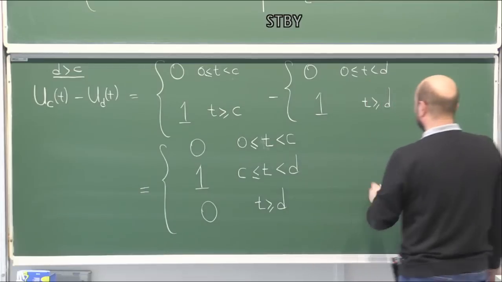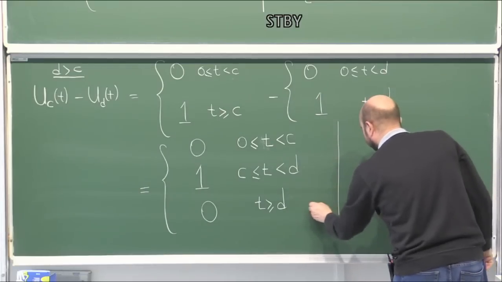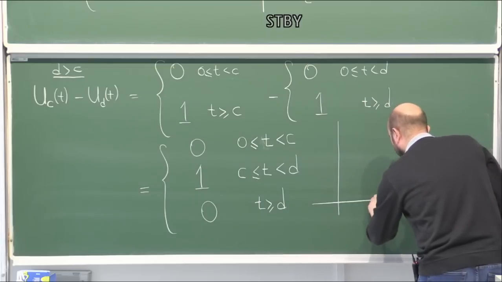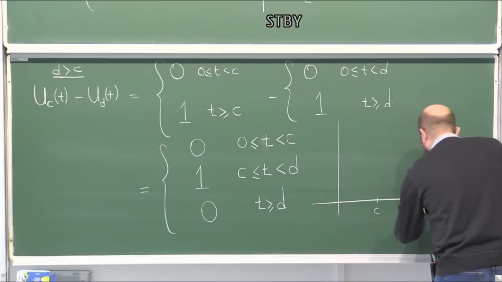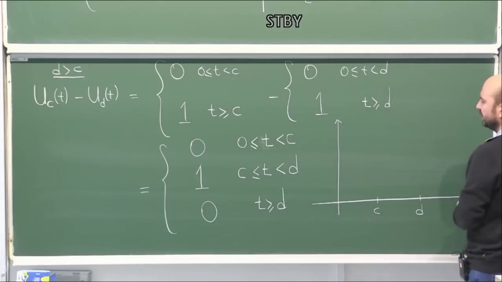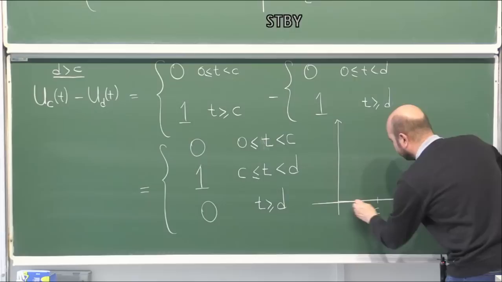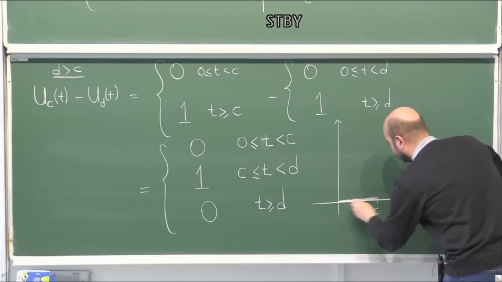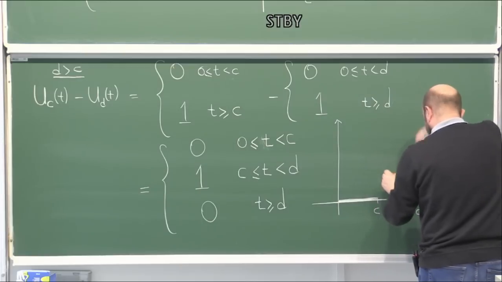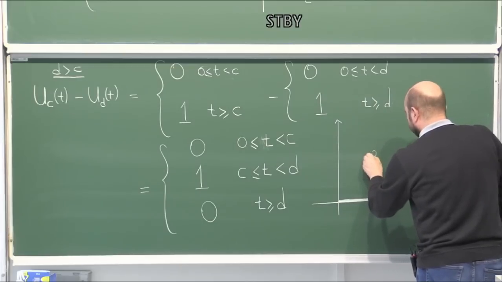So if you draw this now, this is c, this is d. Our signal starts at 0, and then it becomes 1, which is filled.